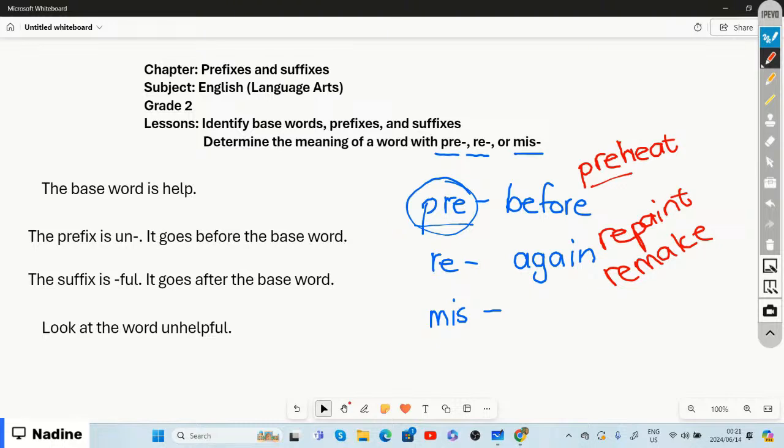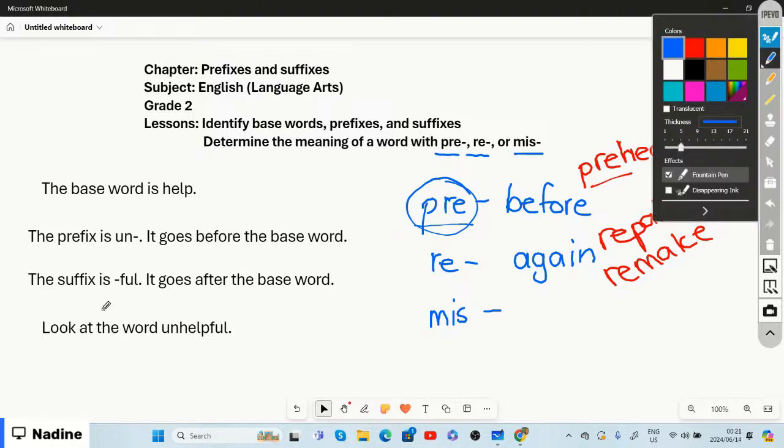And then lastly, the prefix miss. The prefix miss, right? Miss means it is something that is wrongly. So miss means wrongly.